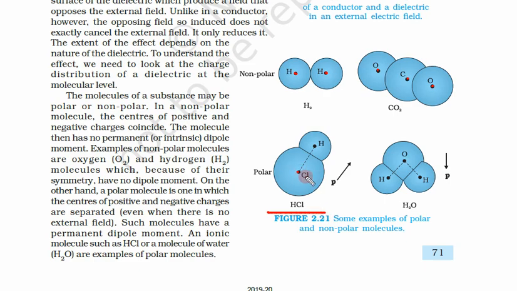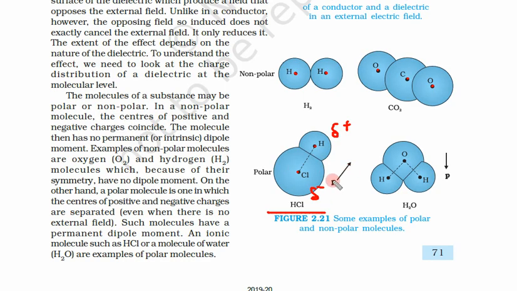Cl is, as you know, slightly negative, and this hydrogen is slightly positive. Overall the molecule is neutral, but this hydrogen is slightly positive and this Cl is slightly negative, hence there is a permanent dipole moment and this molecule becomes polar.